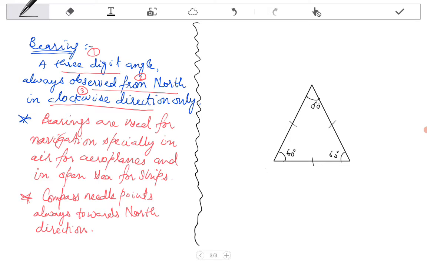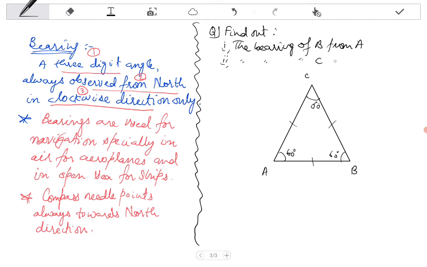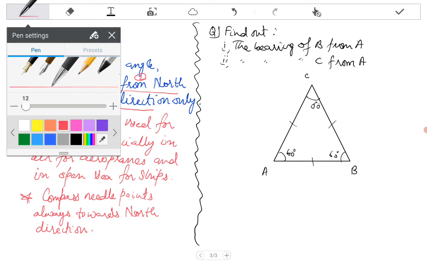And if I nominate the corners as A, B and C, these are the three vertices of the triangle, now I'm going to find out the bearing of B from A, the bearing of C from A. So from A means this is the reference point where we have to place the compass needle.